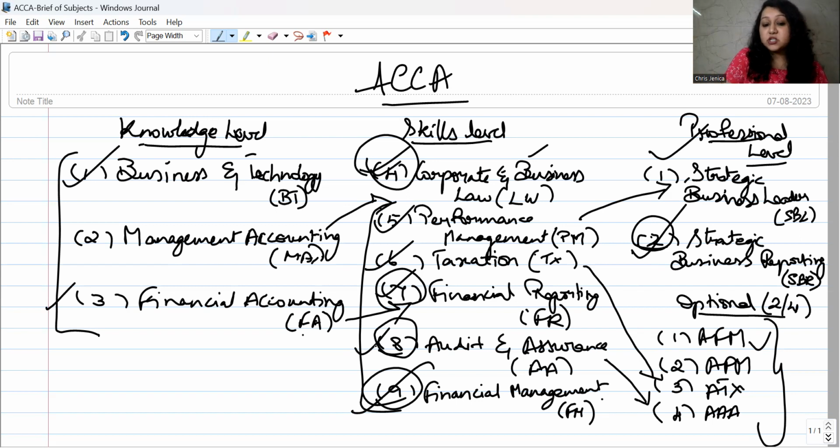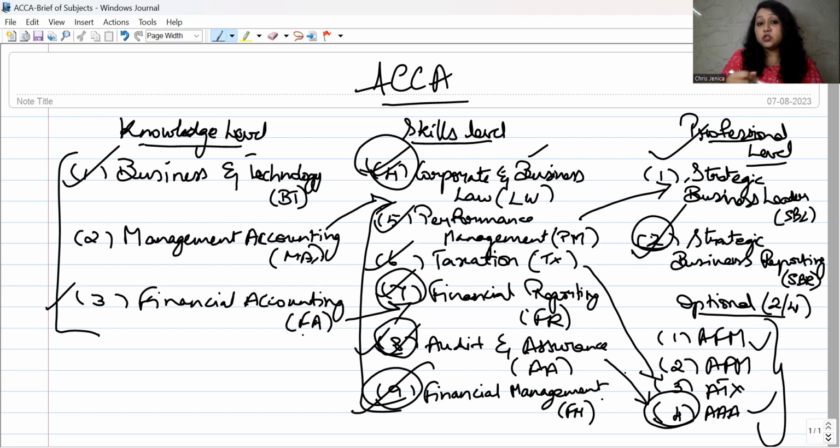And same way, if you had chosen audit and assurance as the last paper of skills level, you can appear for SBR and AAA paper. That is, if you are going to opt for AAA, Advanced Audit and Assurance, you can immediately choose it.